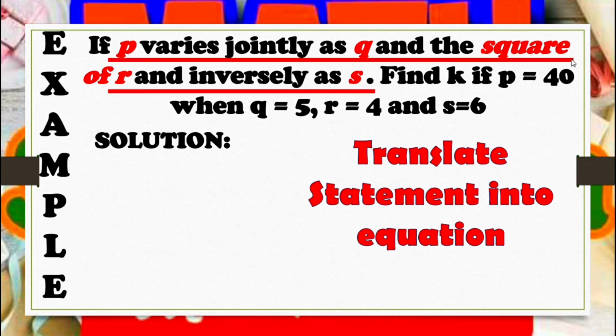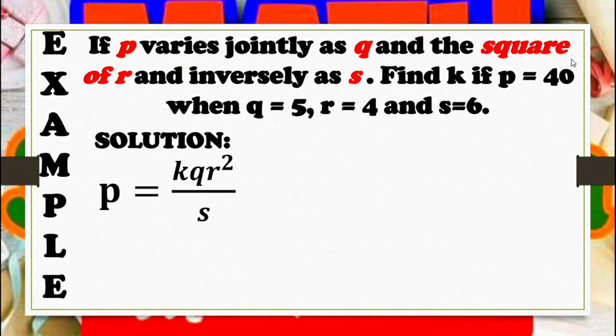So if p varies jointly as q and the square of r and inversely as s, we can write this one into equation as p is equal to k q r squared all over s. R is raised to exponent 2 for the reason that our statement has a phrase square of r.